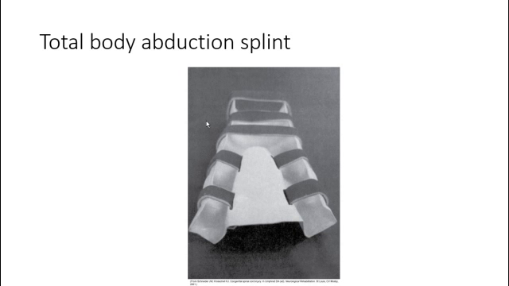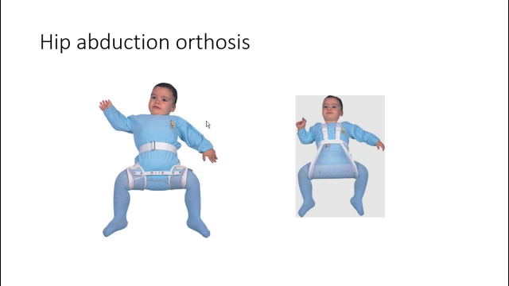So for treatment of this, if the child's very young, if it's an infant or younger, they will just put them in a full body abduction splint or cast or bracing, and basically they set them in the flexion and abduction position that seats the head of the femur more deeply into the acetabulum and allows it to develop there.